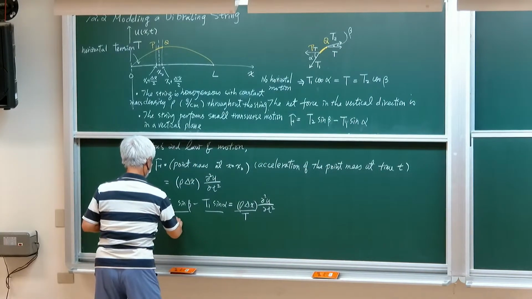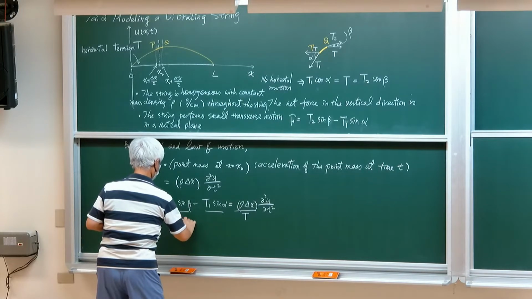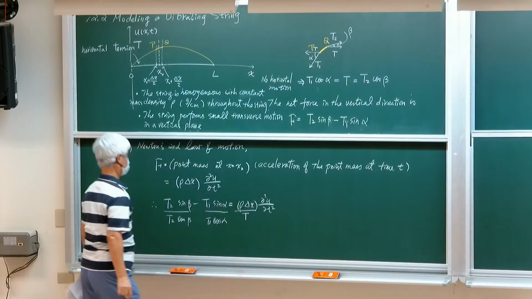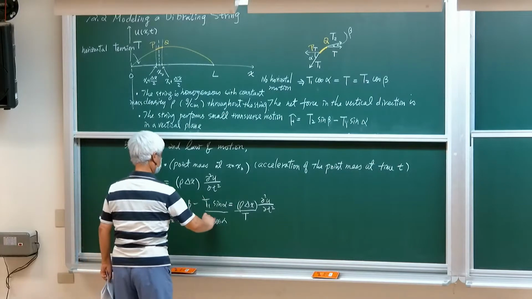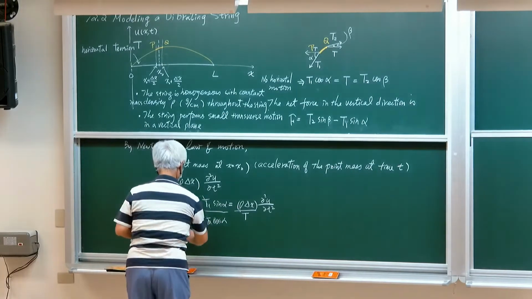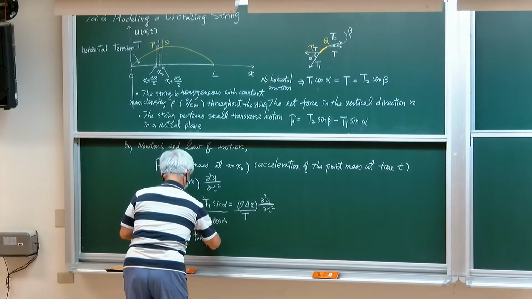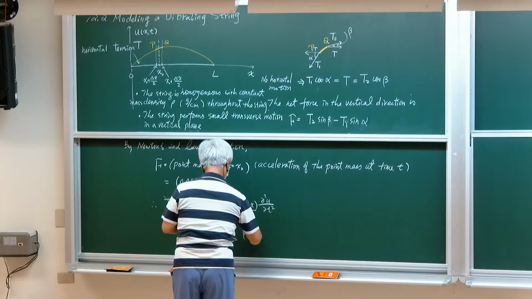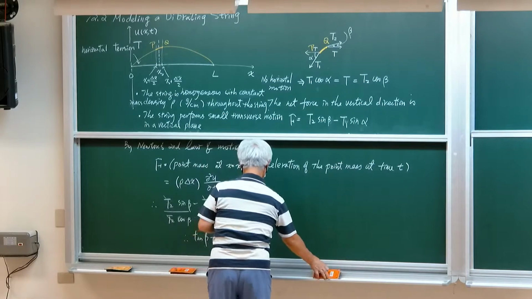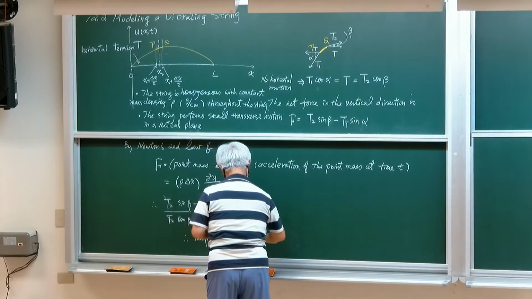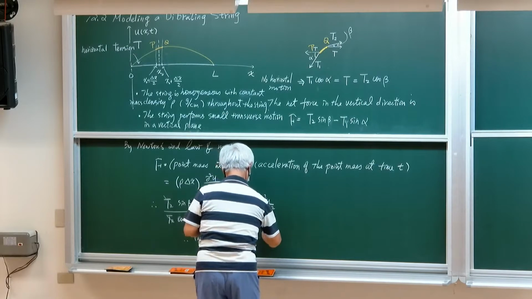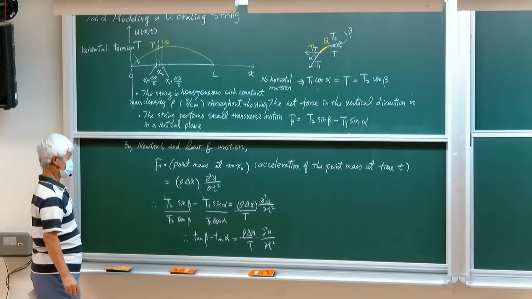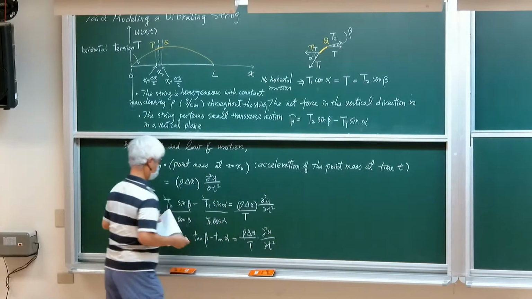So we can write down cosine beta, T1 cosine alpha, and then we cancel them so that we have tangent beta minus tangent alpha is equal to rho delta x divided by T, times the second partial derivative of u with respect to t. Okay, so we have this one.